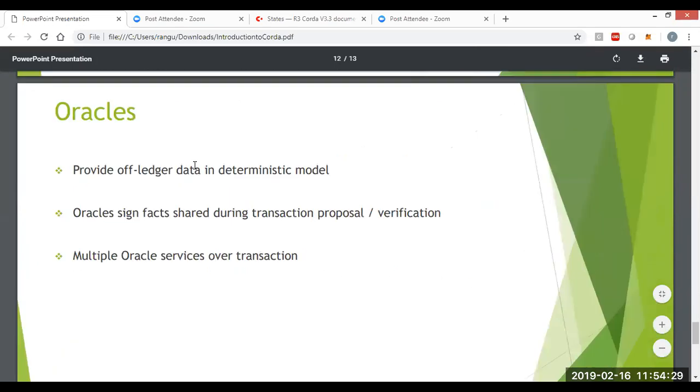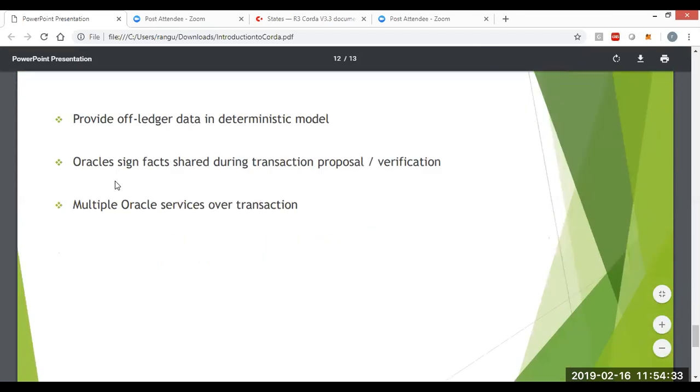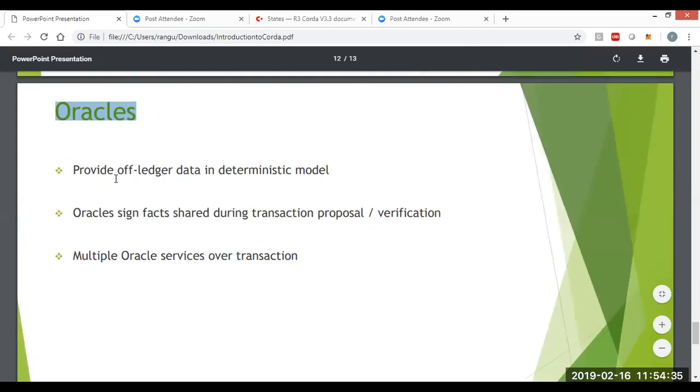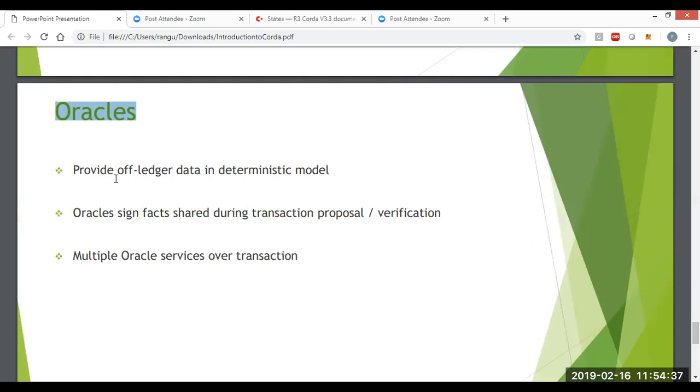The last step is about oracles. When you look at DLT or blockchain, everything is deterministic. When I say deterministic, at any point of time, if I start from block 0, I should be able to achieve the same output. That is called a deterministic model. So how do I bring in non-deterministic data?